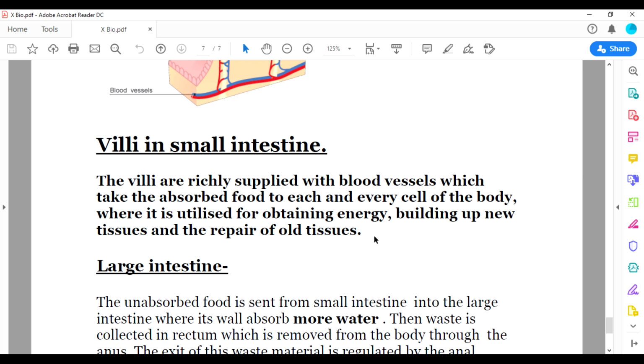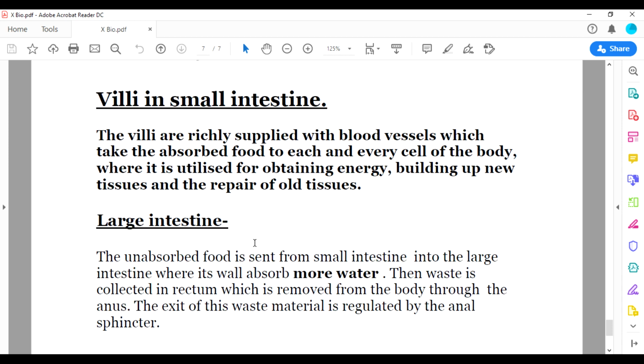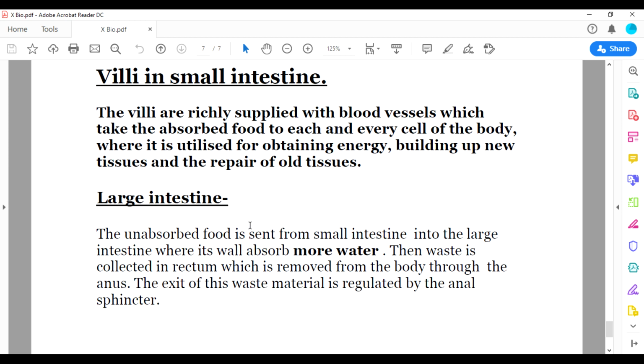The small intestine is responsible for complete digestion and absorption of digested food. Now the remaining food is waste for our body and it should be eliminated. This waste and undigested food is then passed to the next part of the digestive tract, that is the large intestine.